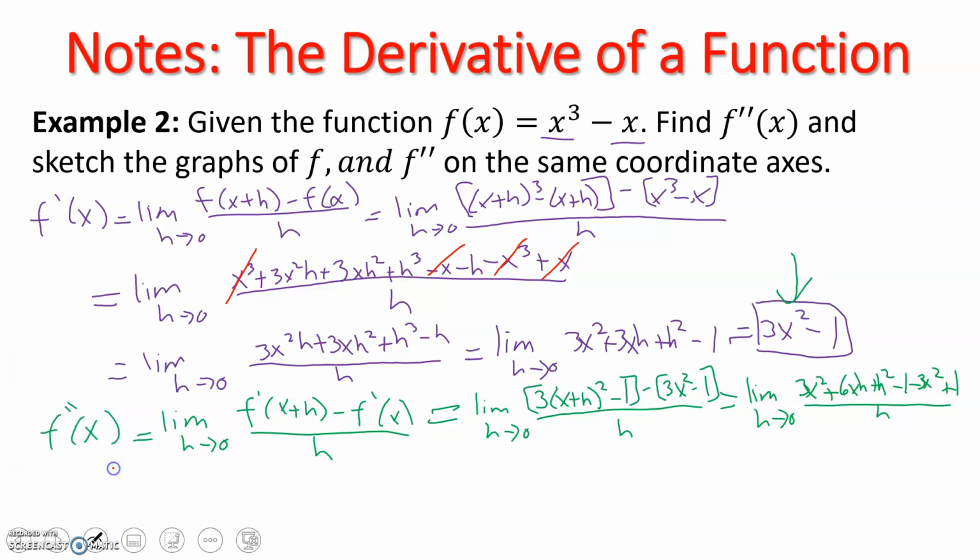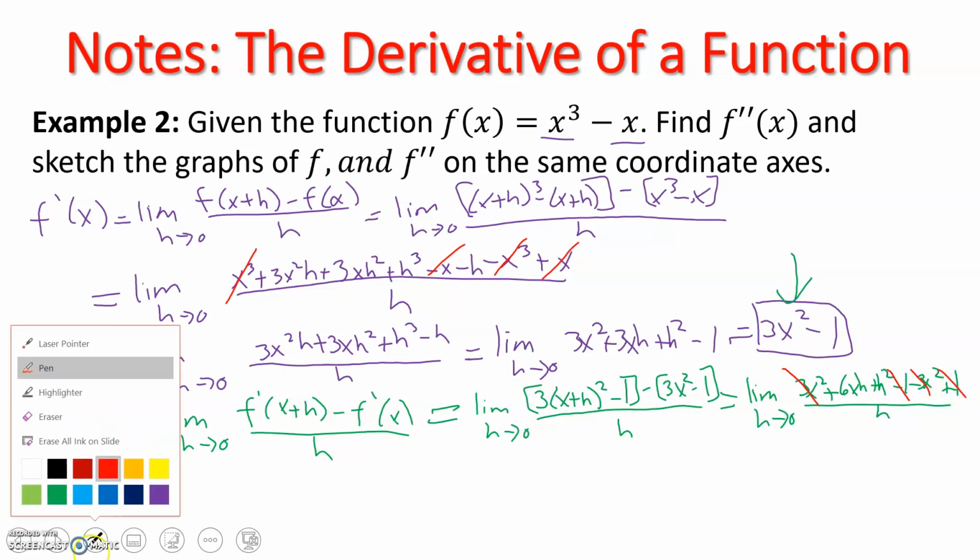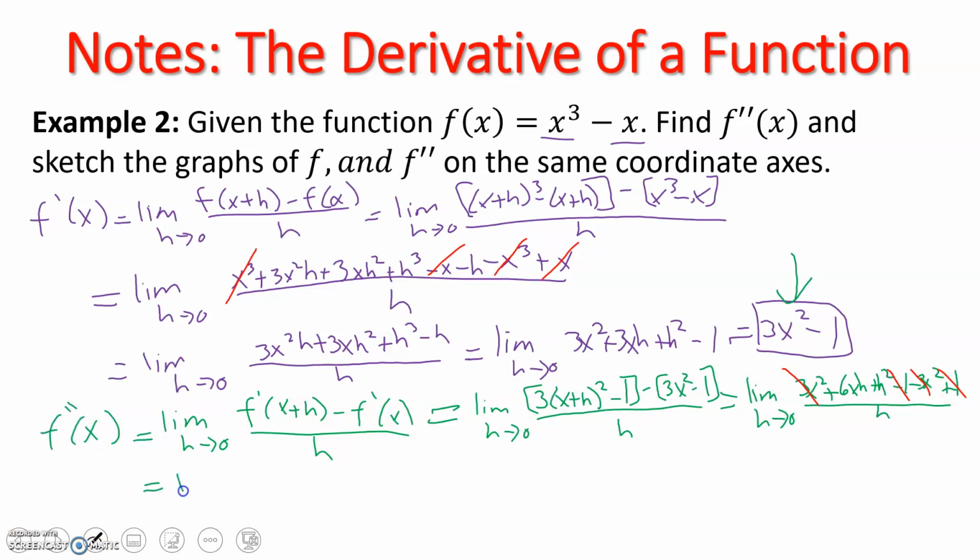We will notice here that 3x squared cancels and that negative 1 and plus 1 cancel, leaving us with the limit as h approaches 0 of, I'm going to go ahead and factor out the h, so 6x plus h. Direct substitution of 0, 6x plus 0, so our second derivative is 6x. All right.